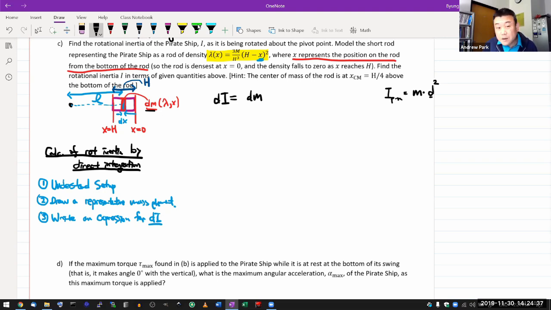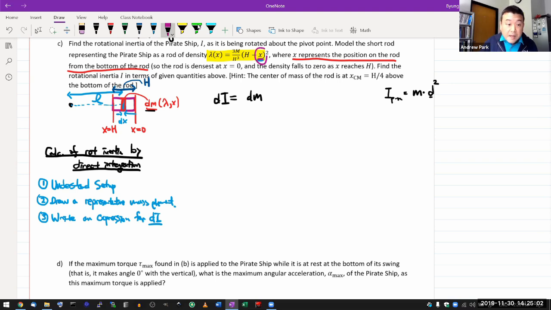And in some setups, you can use the single variable to pull double duty, to serve as the coordinate variable and distance. Here, I can't really do that because the problem already gave a meaning for x, and this x does not stand for distance from where it's being rotated from.